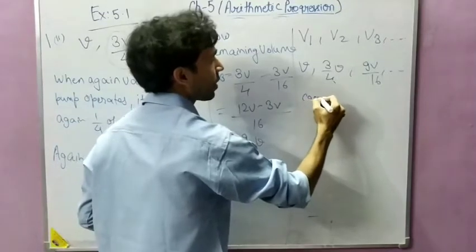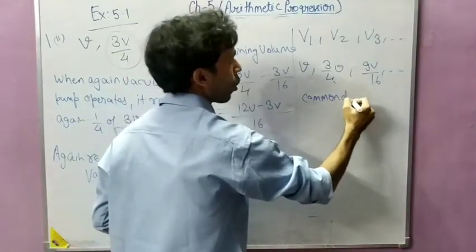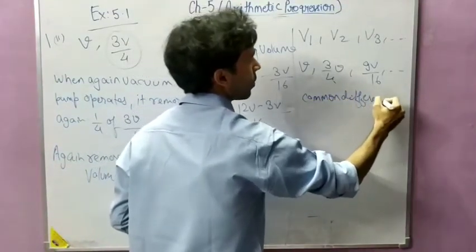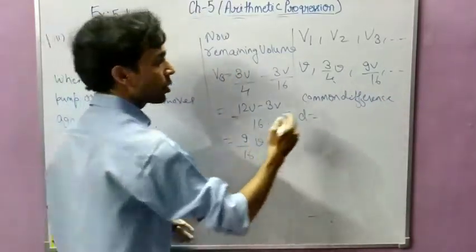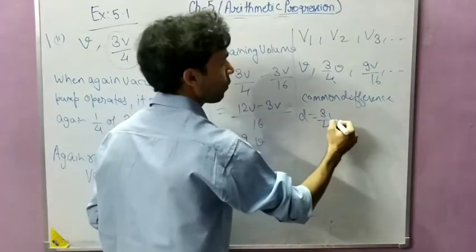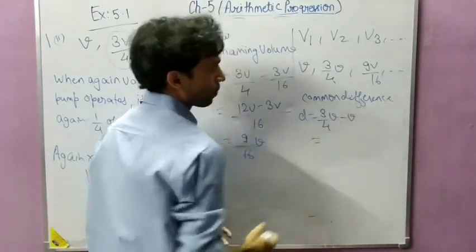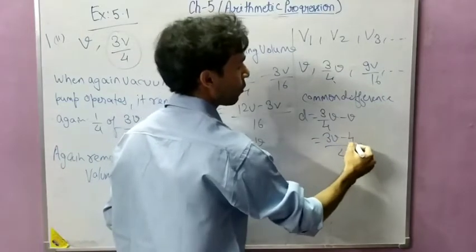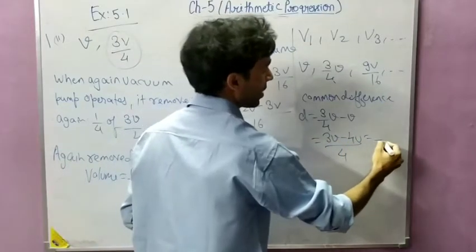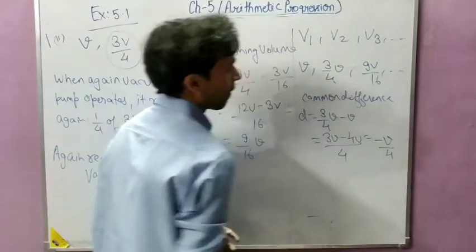So the common difference D is equal to any term minus the previous term. So 3 by 4 V minus V. So see, 4 will be the LCM. So 3V minus 4V, so minus V by 4.